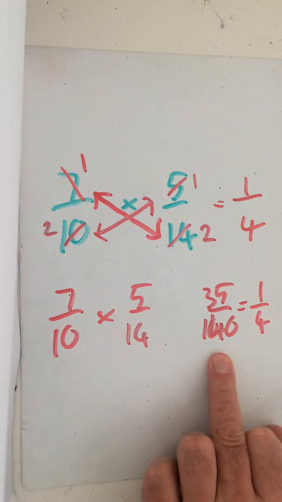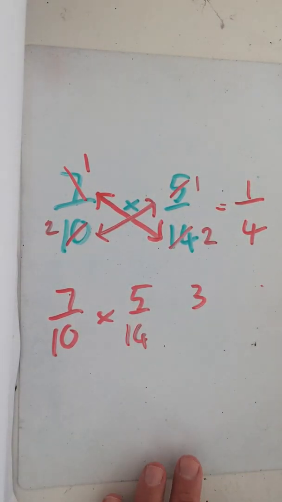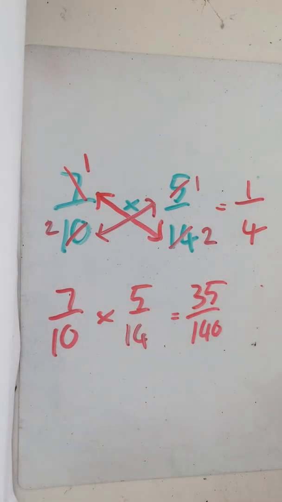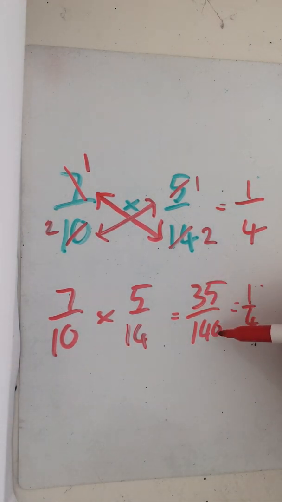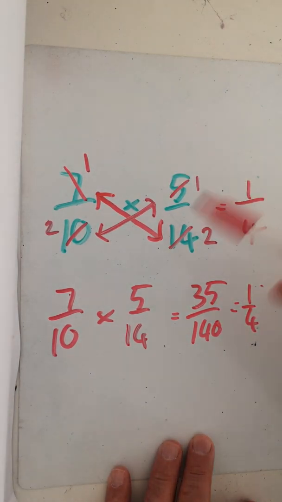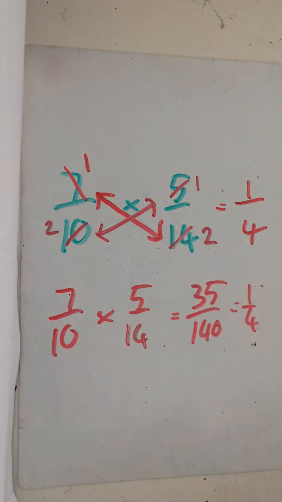You can see that's actually the 35, and I actually didn't mean to make a mistake. That's 35 over 140, and when simplified, that is 1/4. Now, rather than have the difficulty of having to simplify this, what we can do, we can cross simplify first and get to 1/4.